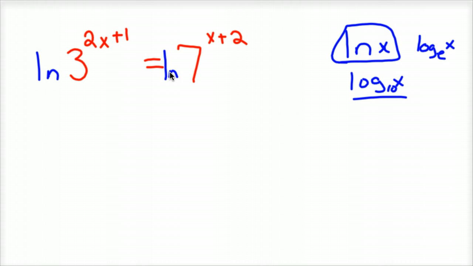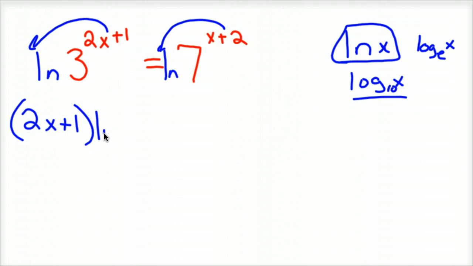So what happens is we can pull this exponent out to the front in both cases because we logged both sides. When you use a logarithm on it and you have a logarithm with an exponent, the exponent is really a multiplication out front. So 2x plus 1 now is times the natural logarithm of 3.